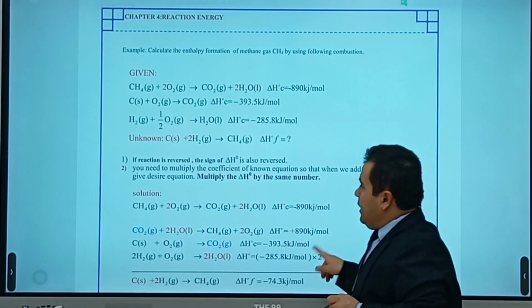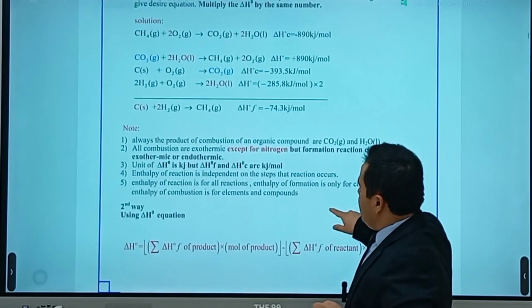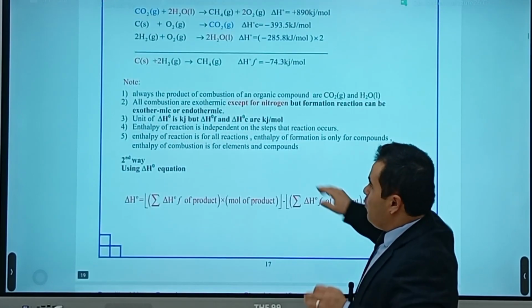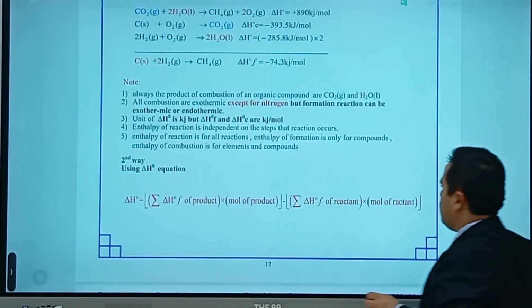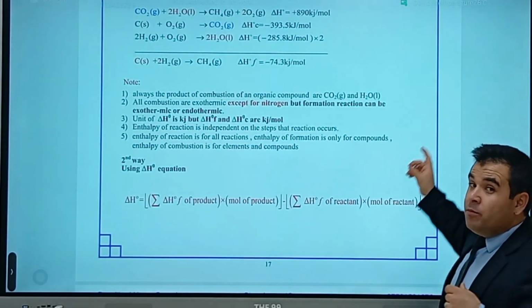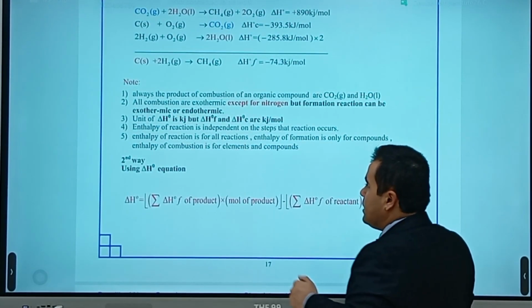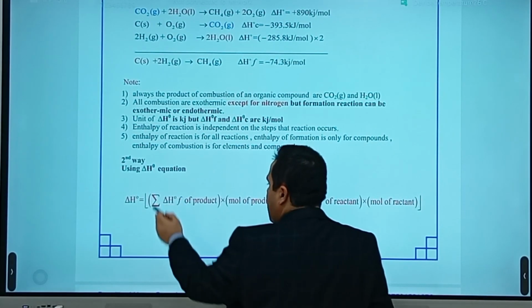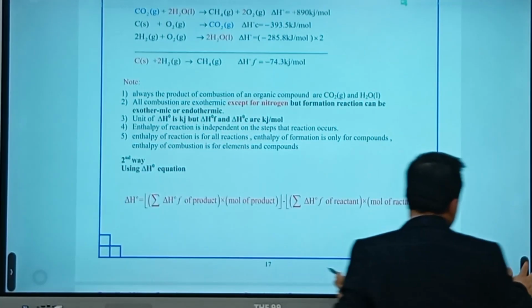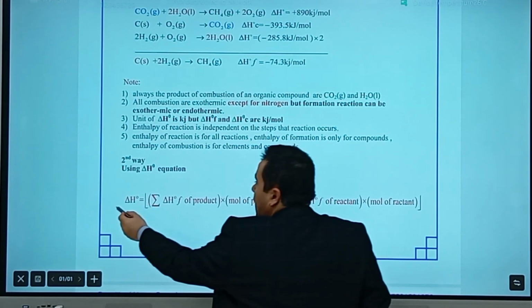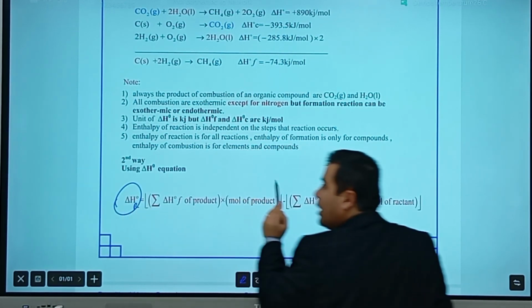Guys, I'll be talking about the second way, and then I will be solving several questions in another file. The second one is whenever the enthalpy of formation is given, the enthalpy of reaction is equal to what?